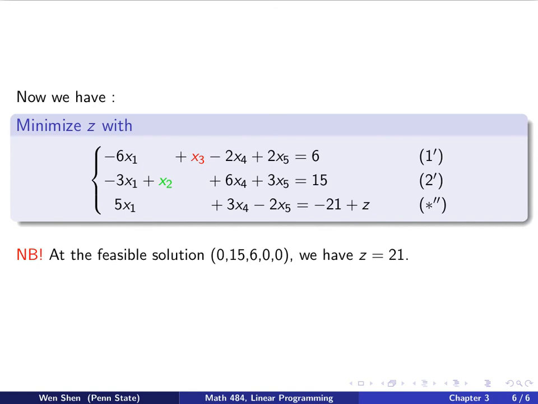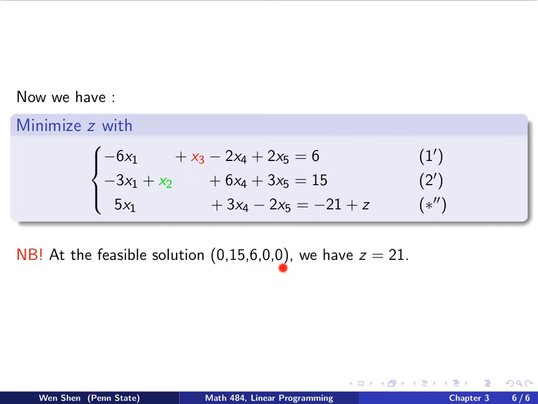So we know the basic solution, which is feasible here, is to set all the non-basic variables to be 0. So x1, x4, x5 will be 0. So these three are 0. And then x2 and x3 will equal the corresponding right-hand side. So 15 for x2, which is here, and then 6 for x3, which is here.